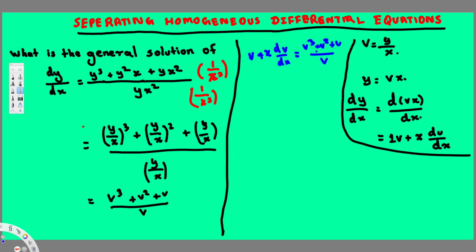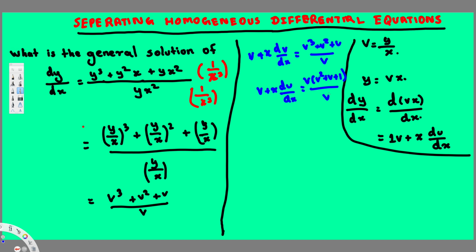Now let's see how we can separate this. So we have to do something about this, right? Here we have this v, and okay, first what we can do is cancel this v. If we take v common on top, this is going to be v square plus v plus 1, right?